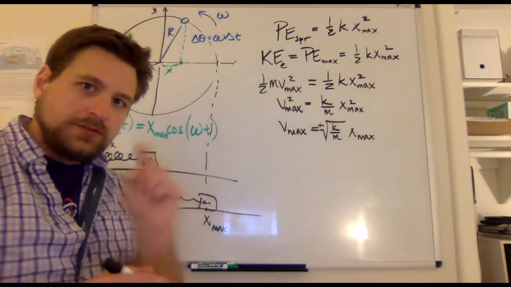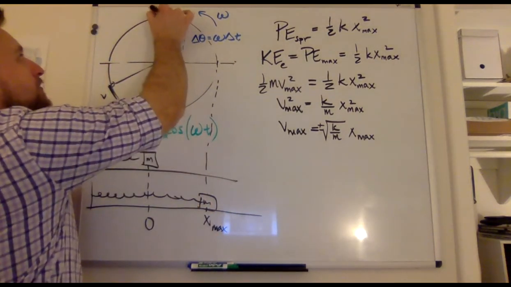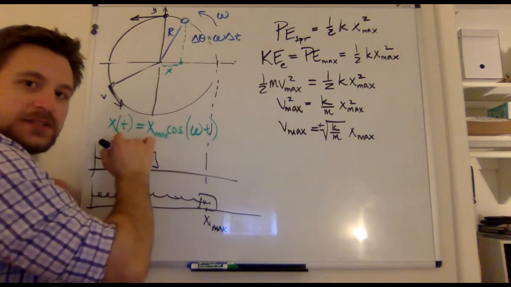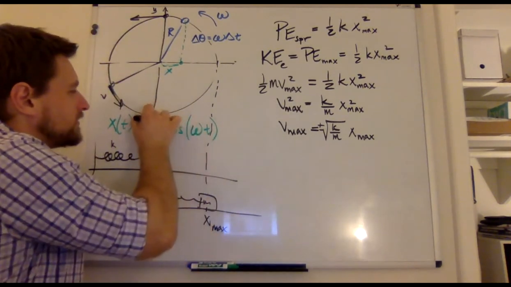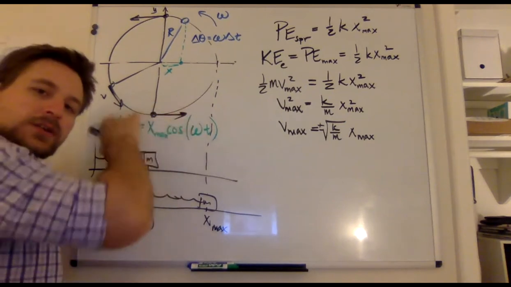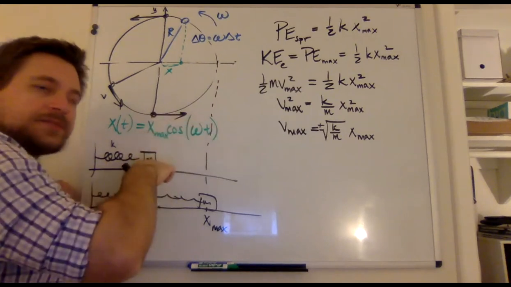But our rotating object has a velocity that is in the x and y directions, except for those times when either it's at the very top, traveling only to the left, only in the negative x direction, or it's at the bottom, traveling only to the right, only in the positive x direction.